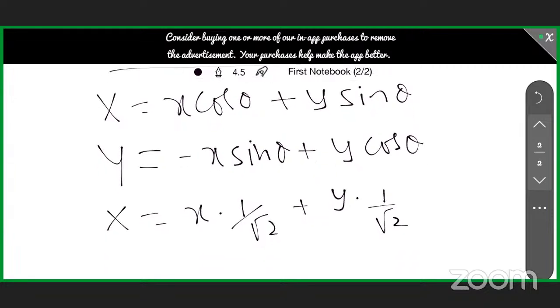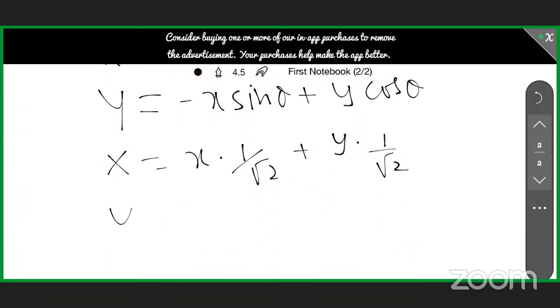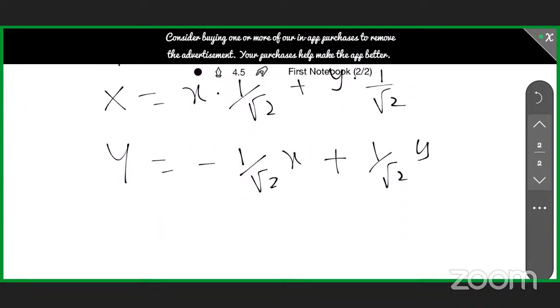Correct? Yes, sir. Capital Y will become minus 1 by root 2 into x plus 1 by root 2 into y. So simplify this one. If I take 1 by root 2 common, capital X is equal to 1 by root 2 into x plus y. Correct? No?